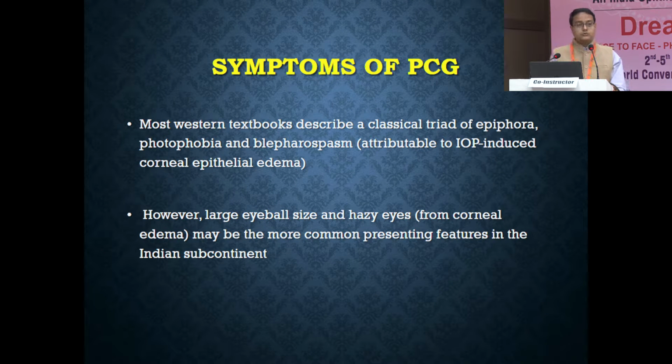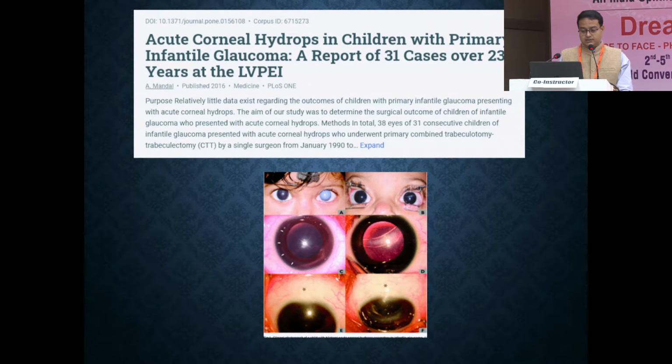Now, although most Western textbooks describe a classical triad of epiphora, photophobia, and blepharospasm, probably in the Indian subcontinent, the more common clinical features are large eyeball size and hazy corneas. There are certain other presenting features, like Dr. Mandal et al. published a report of 31 cases over 23 years who presented with acute eye drops.